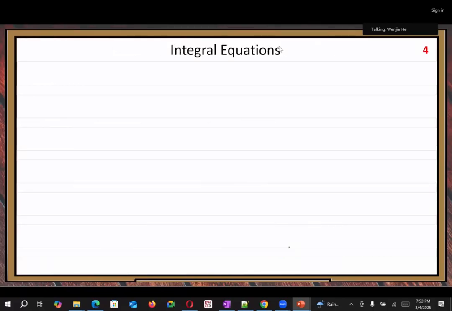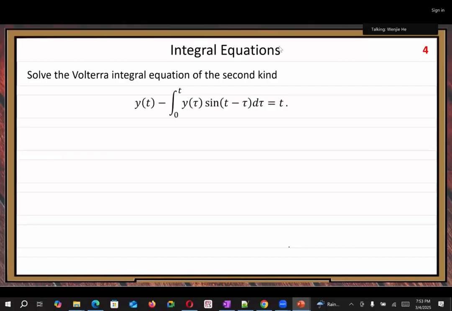Next, integral equations. Solve the Volterra integral equation of the second kind. So there's some special problem where this kind of equation needs to be used. For the original function, the second term you need to take an integral, not a derivative.